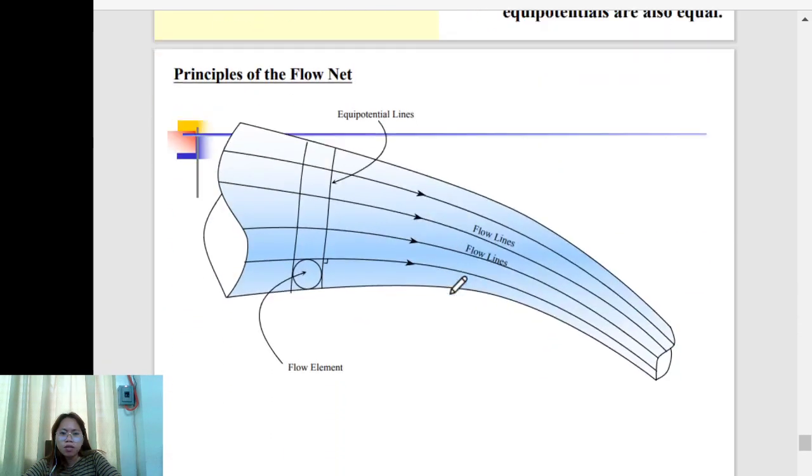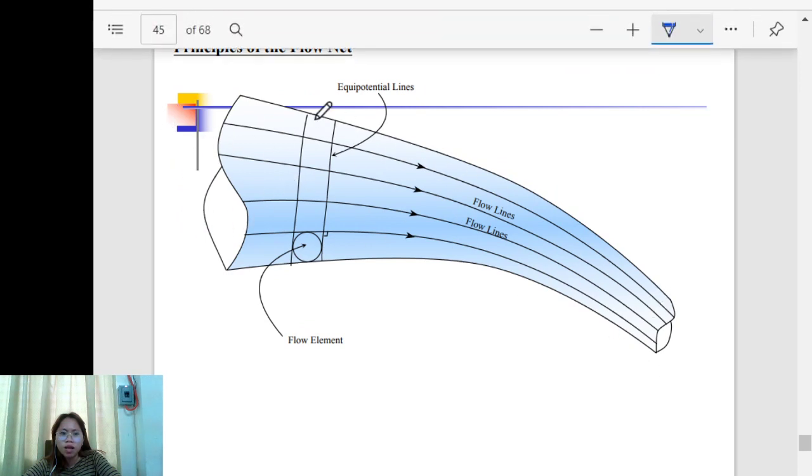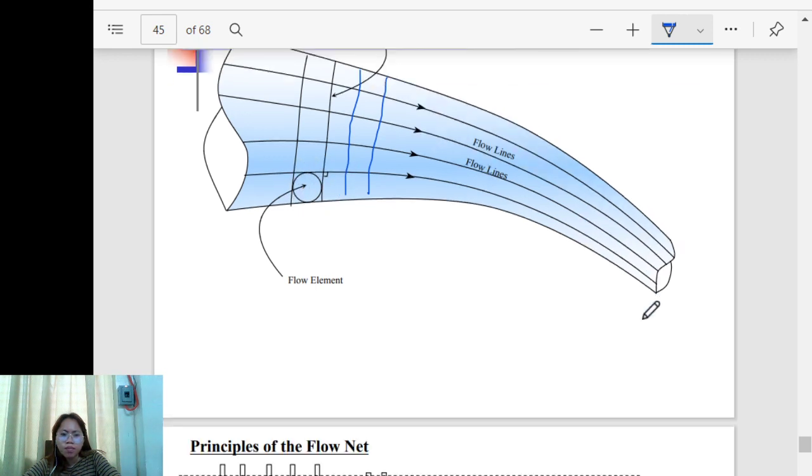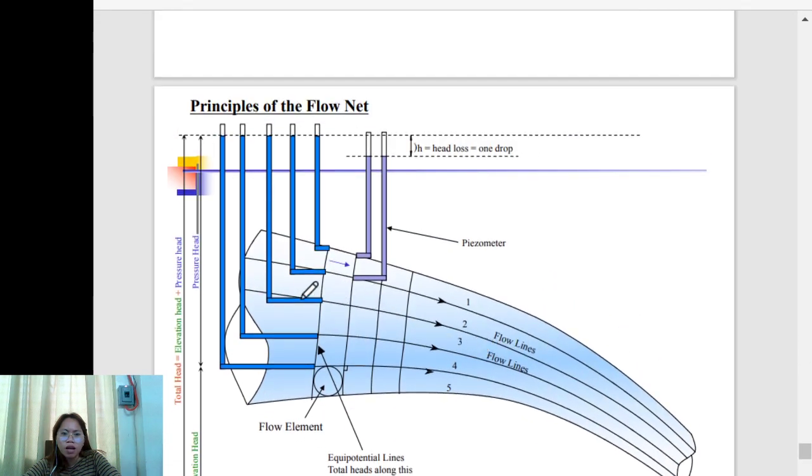So for the principles of flow nets, this is the flow of the water. Here we have the equipotential, the same distance. Along the flow of the water is the flow lines. This part is the flow element. Then, continuing, we have a flow line. As I said, if you put a piezometer to measure the head, the head loss is actually the same.